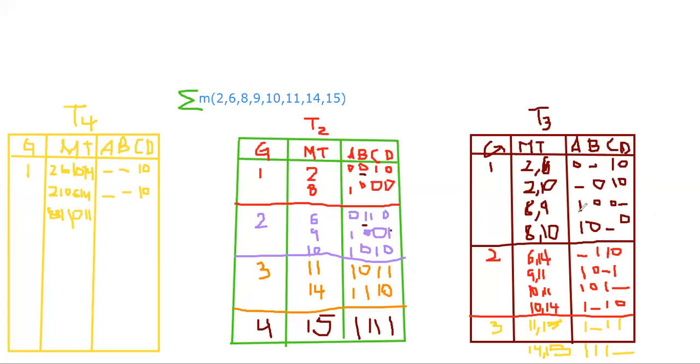So the grouping would be 1, 0, dash, dash.